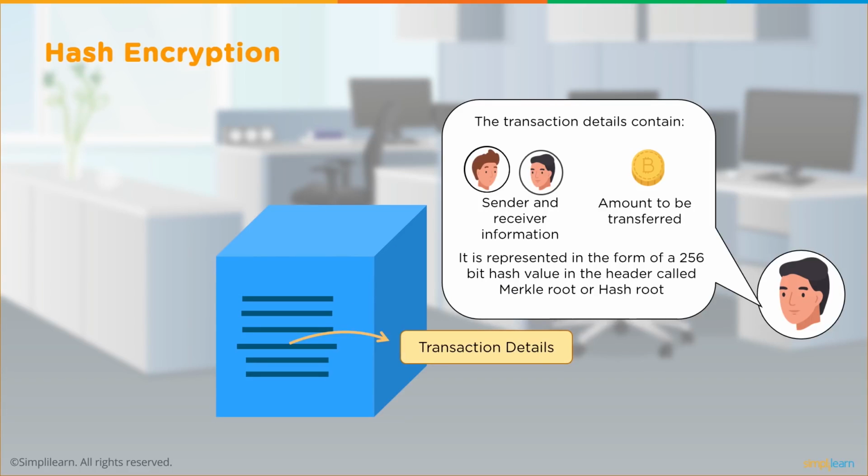Now, it is represented in the form of a 256-bit hash value in the header called the Merkle root or the hash root. So basically, the Merkle root is the hash of all the transactions structured in a Merkle tree, which is a kind of binary tree, and the hash value of the root node of the Merkle tree is called the Merkle root hash.